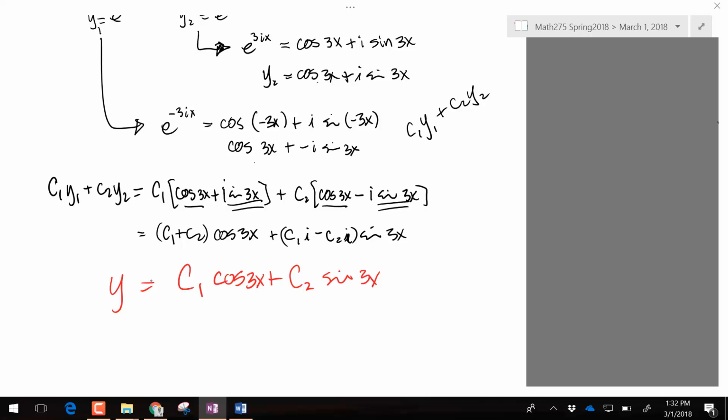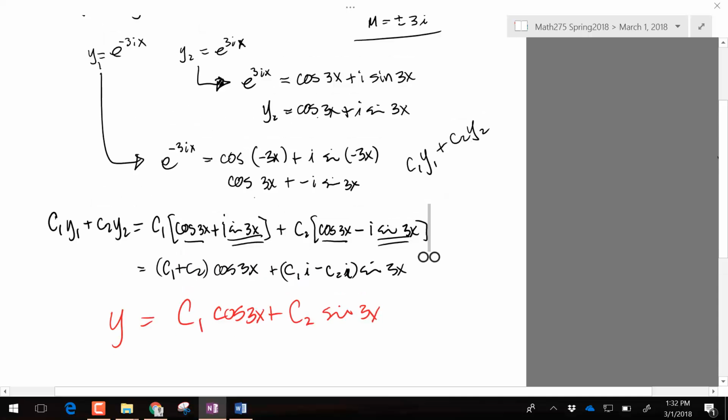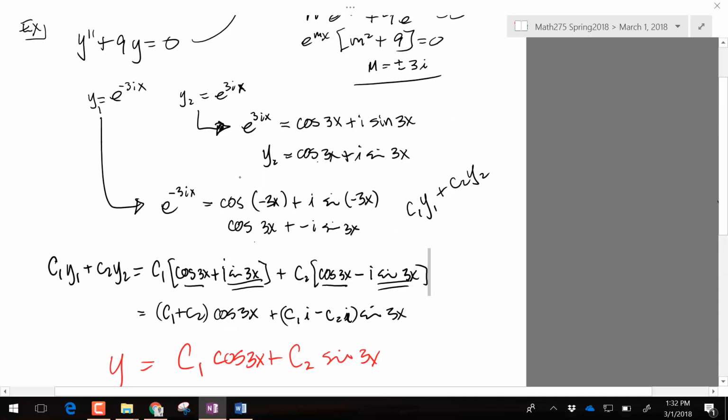So what does that mean? That means really our fundamental solution set, we're looking for two linearly independent solutions. Y1, we didn't even address this, but where's Y1? Y1 is here and Y2 is here. Together, they are not linearly independent, right? They're linearly dependent.